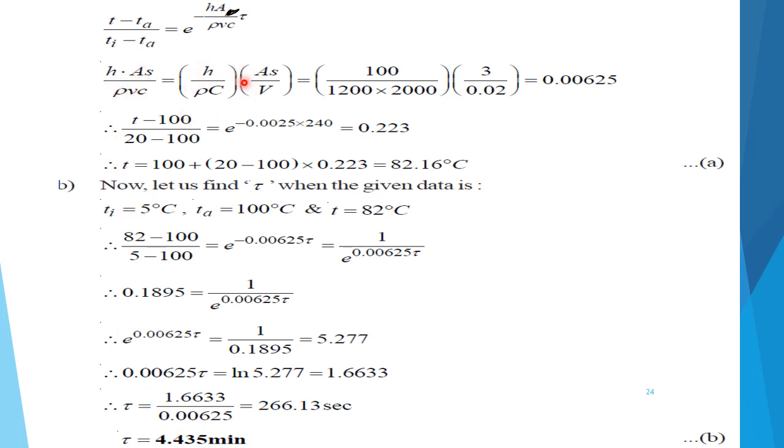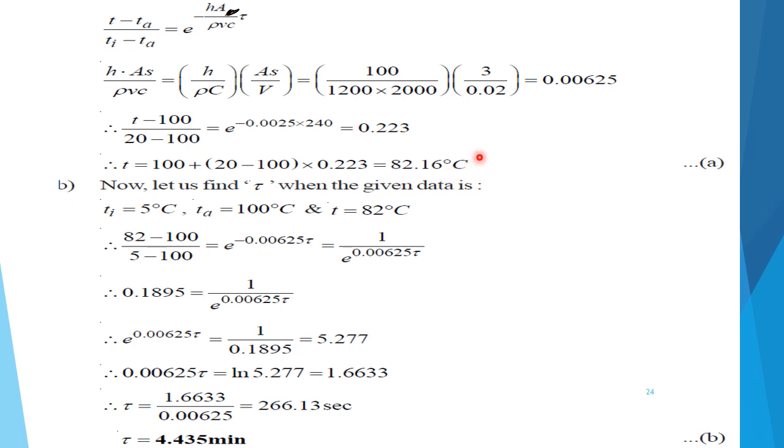So we will get the value of hA divided by rho Vc. Tau is 240 seconds. So T minus Ta divided by Ti minus Ta is e raised to minus 0.0025 into 240. So we will get T equal to 82.16 degrees Celsius. So after 4 minutes the temperature is 82.16 degrees Celsius, which satisfies the customer's taste.